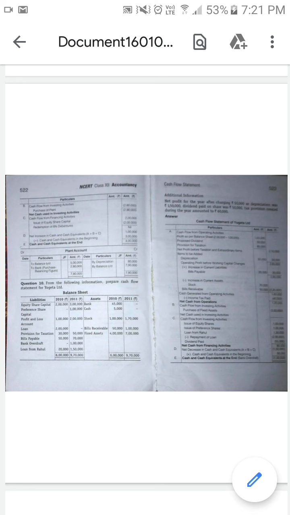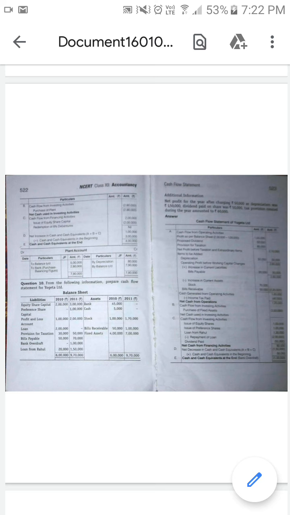In this sum, the balance sheet is given, and some additional information is also included, and they asked to prepare the cash flow statement. In the cash flow statement, what is the base amount? It is the net profit before tax and extraordinary items.